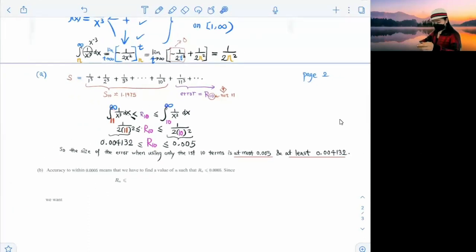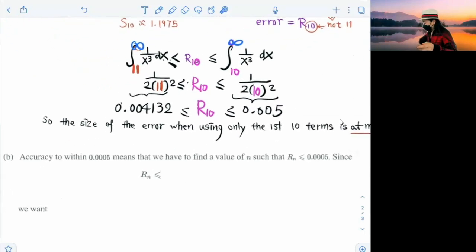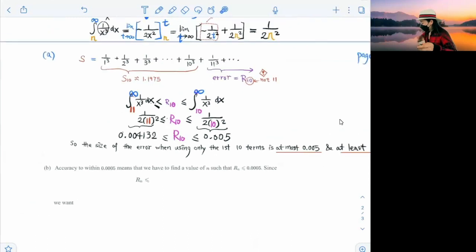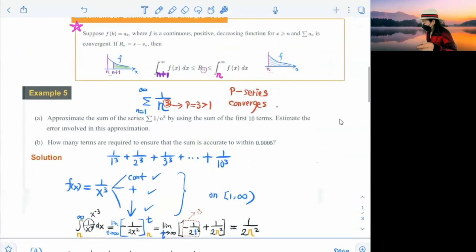Now the second part here is kind of small. So accuracy to within 0.0005. What does the problem say? How many terms are required to ensure that the sum is accurate to within 0.0005?